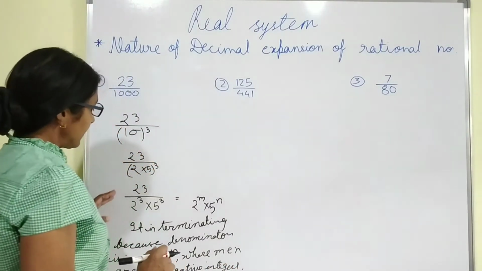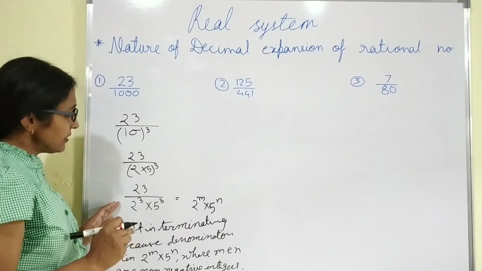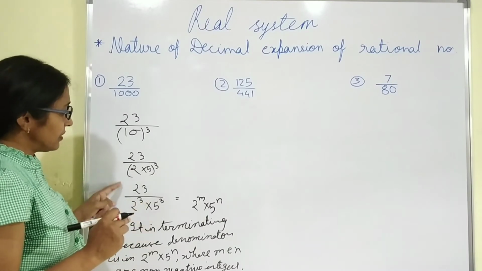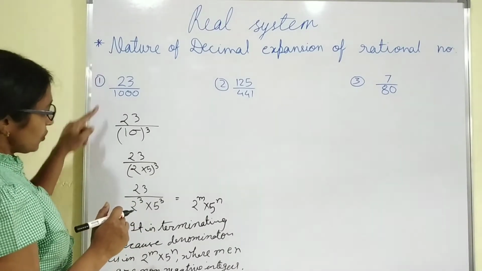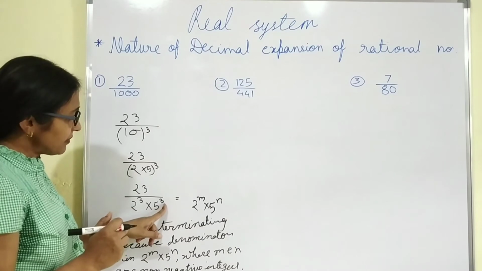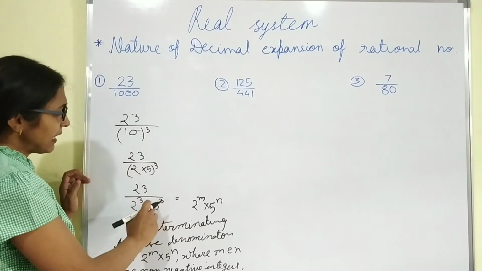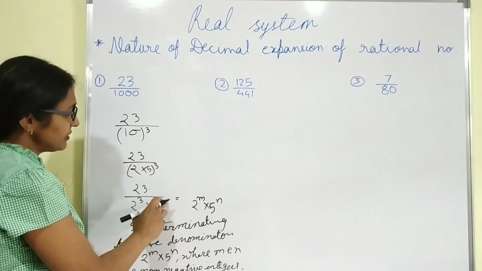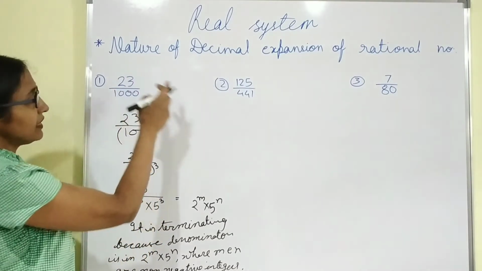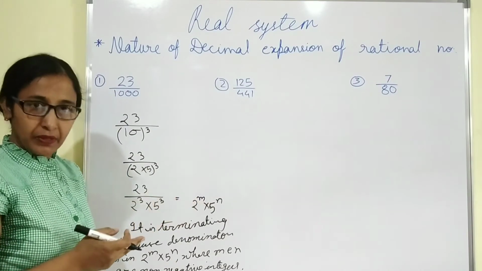Okay. Now next question is, in how many decimal places will this number terminate. So the highest power of 5 or 2, both, is 3. Since the power is 3, it will terminate after 3 decimal places.